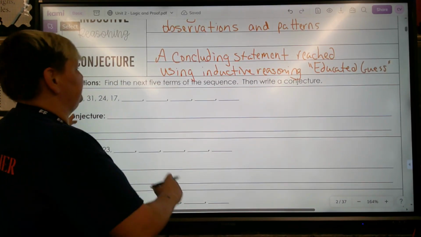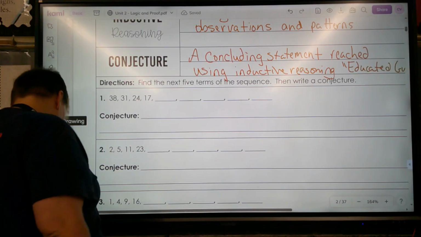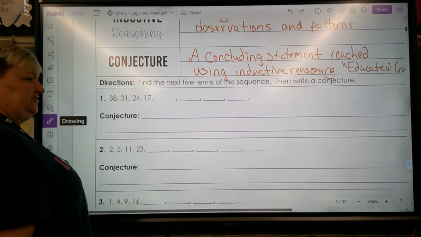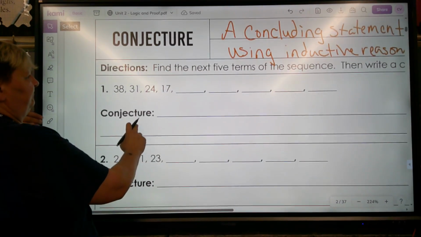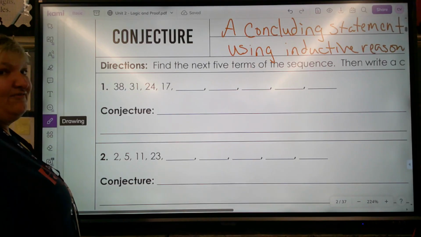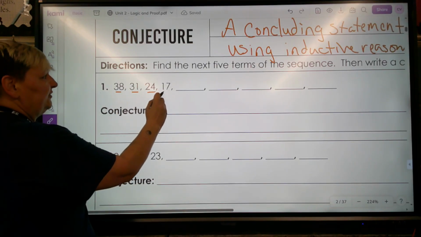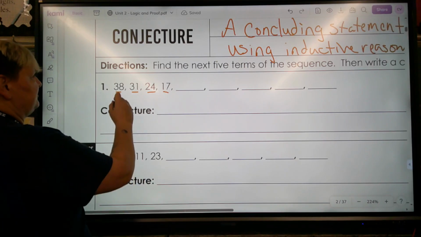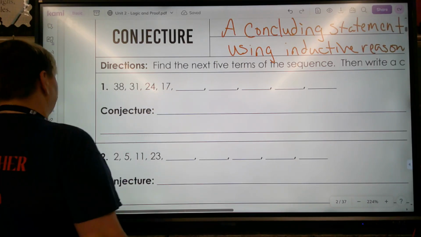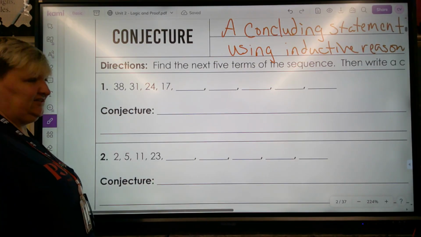So it says directions, find the next 5 terms of the sequence, then write a conjecture. All right, so first we have to figure out the pattern between these numbers. And whatever pattern we discover has to apply to all 4 numbers. It has to work for all of the numbers, right? So how do we get from 38 to 31 to 24 to 17?